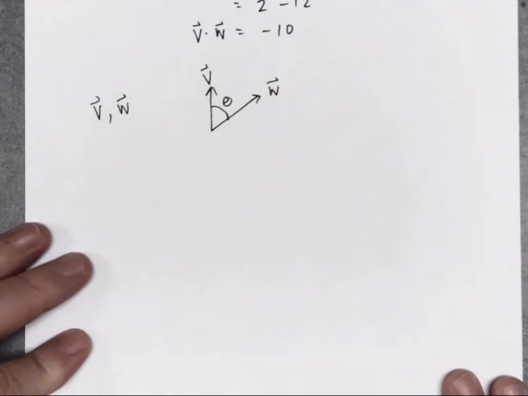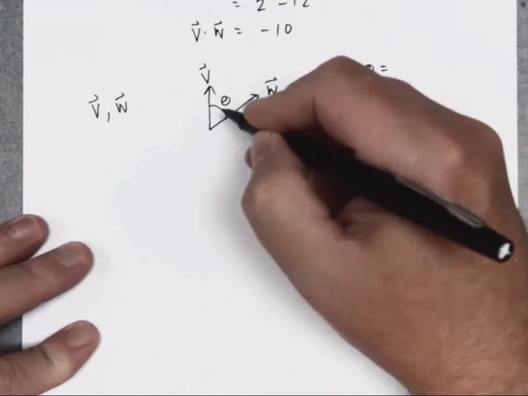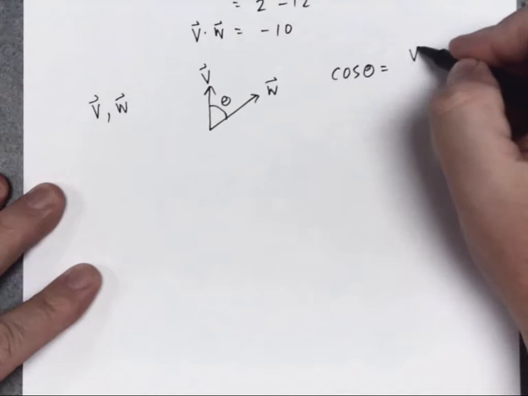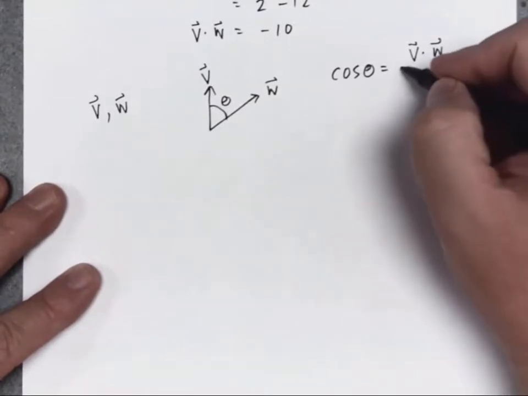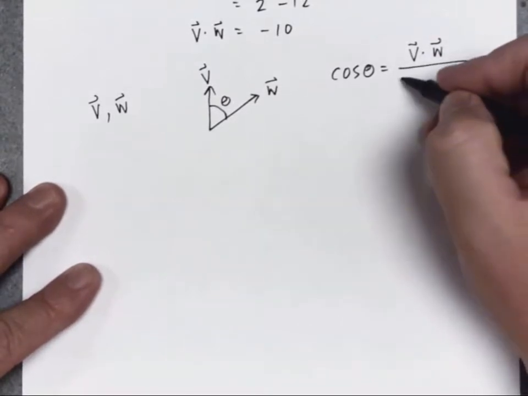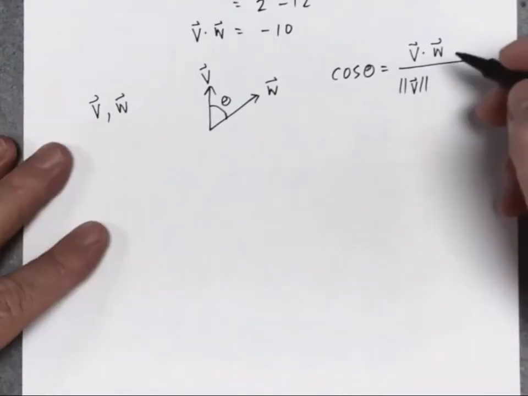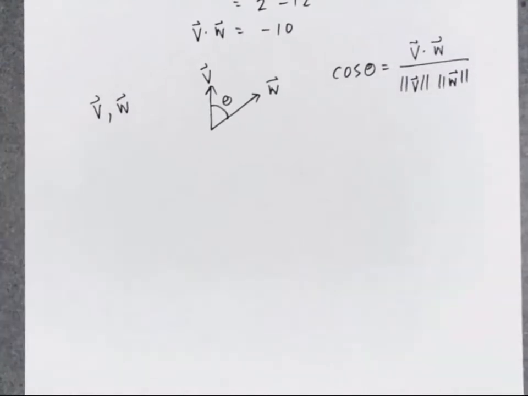There's this very interesting formula that says the cosine of the angle in between the two vectors is equal to, in the numerator, the dot product of the two vectors divided by the magnitude of vector v times the magnitude of vector w. Very interesting little formula.